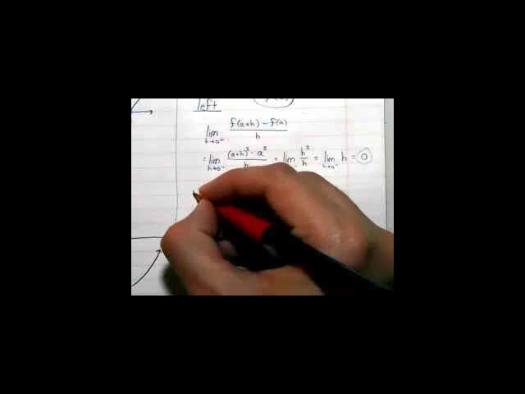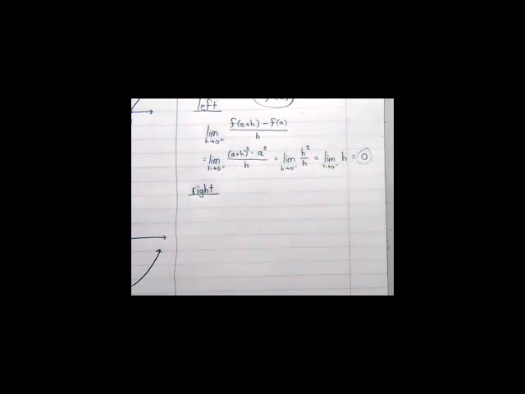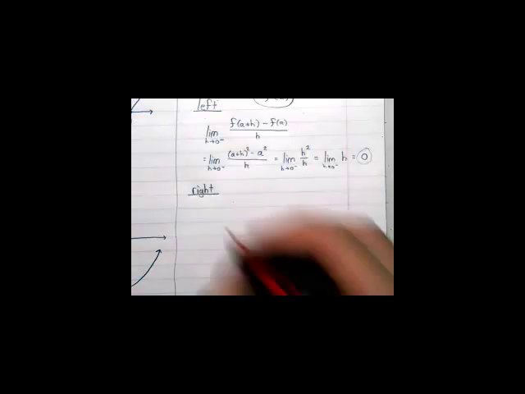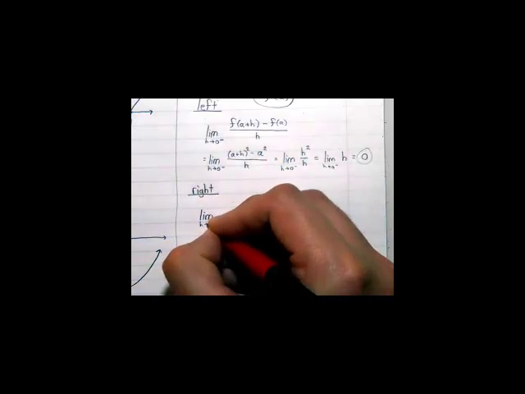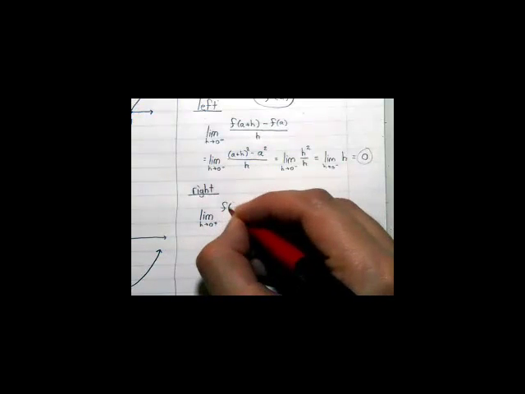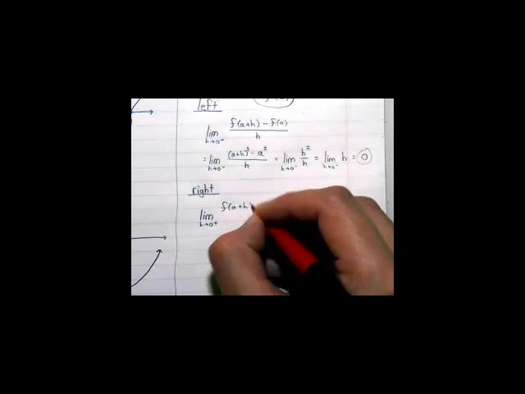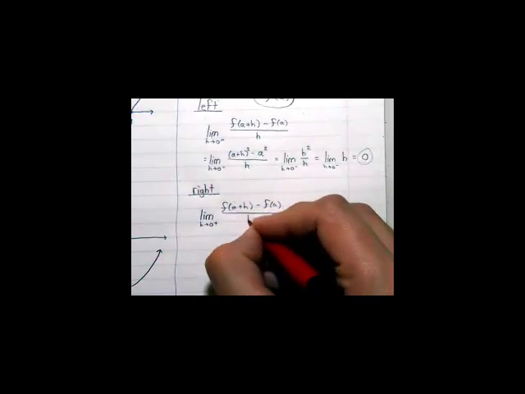Doing the right, same, except we're using the other piece. The other side is 0, so it would be the limit as h approaches 0 from the right, so a little plus, of f of a plus h minus f of a, all divided by h. In this case, I'm going to use just the function x.